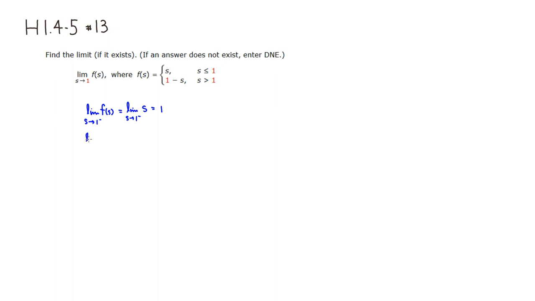And if you approach from the right, so the limit of f of s as s approaches 1 from the right, we have to use the second formula. So you have the limit of 1 minus s as s approaches 1 from the right.